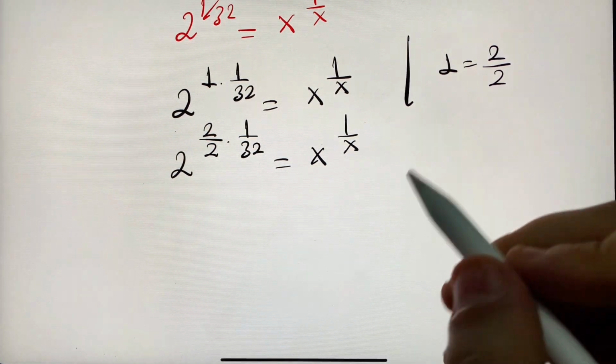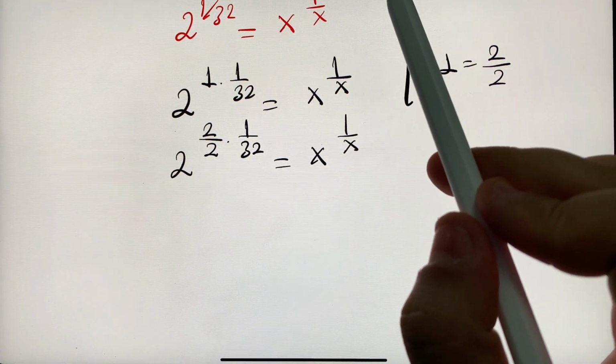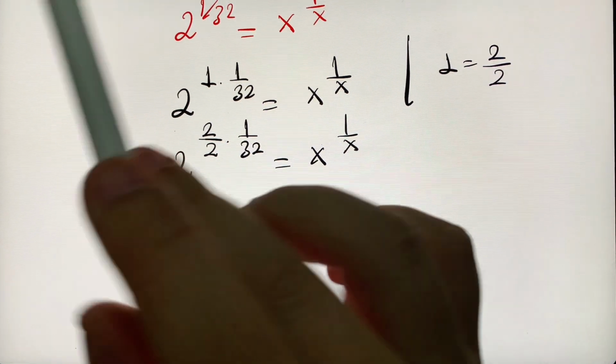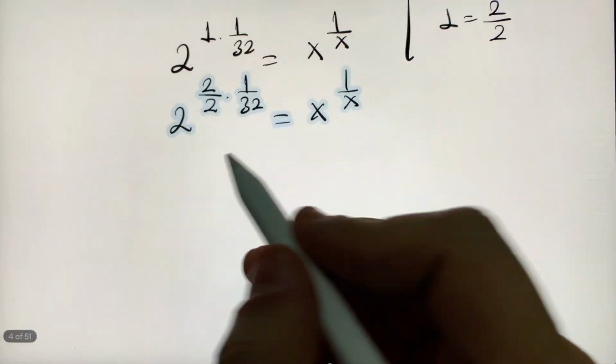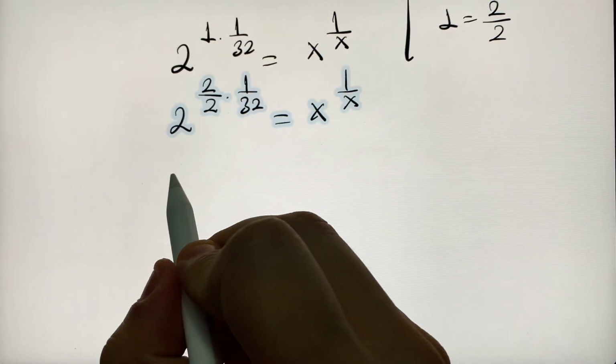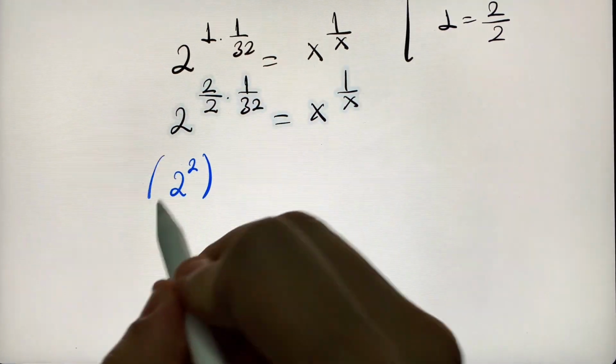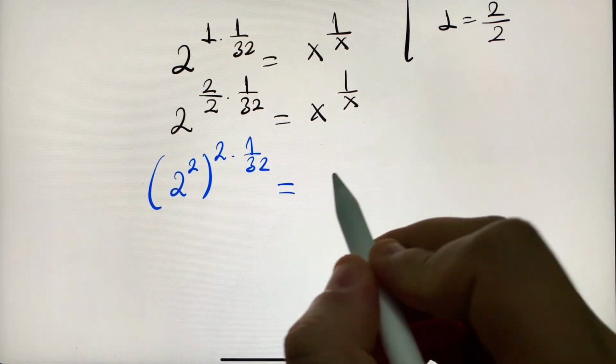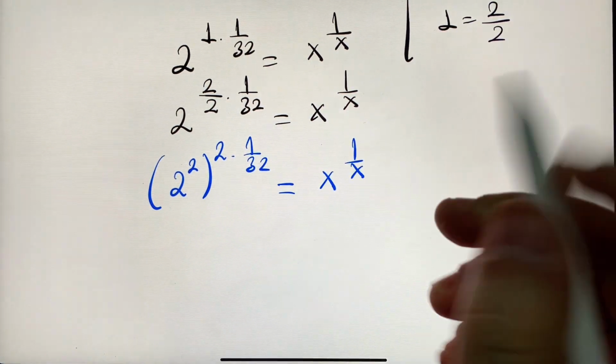Now when we go a little further, you will understand why I did this part like this, guys. I continued, I'm multiplying these two, so 2 times 2 times 1/32, equal to x to the 1 over x.